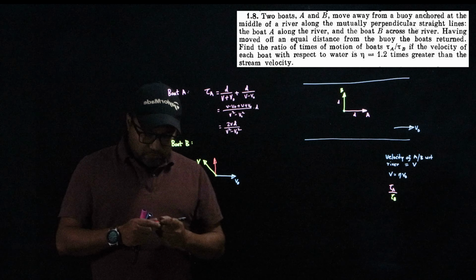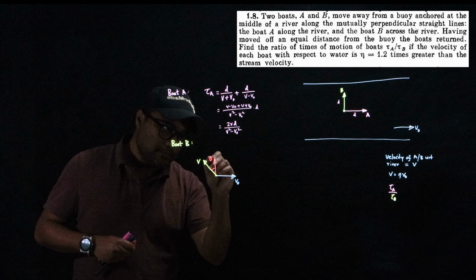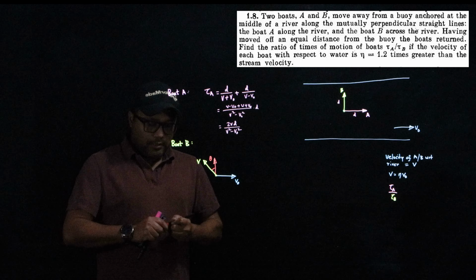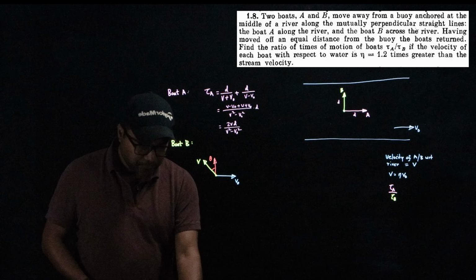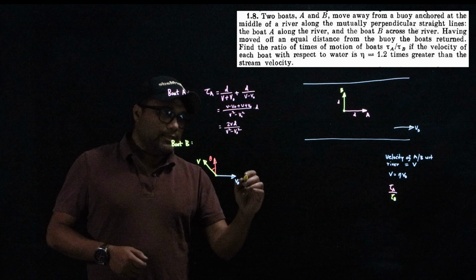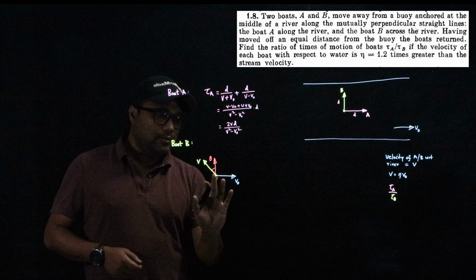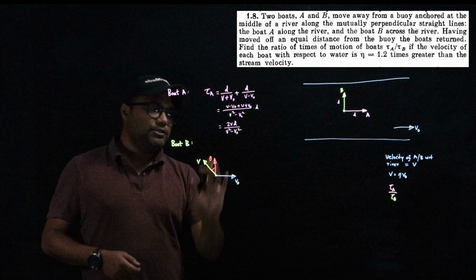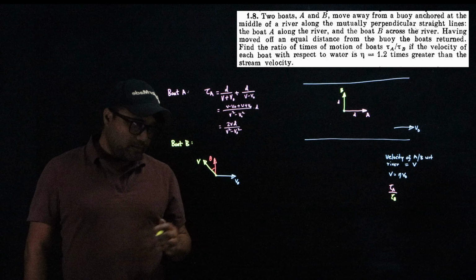So now let's assume that this angle is theta. Okay, so let's write some equations of motion. Now v cos theta is the component of v in this direction, which is responsible for this travel, right?